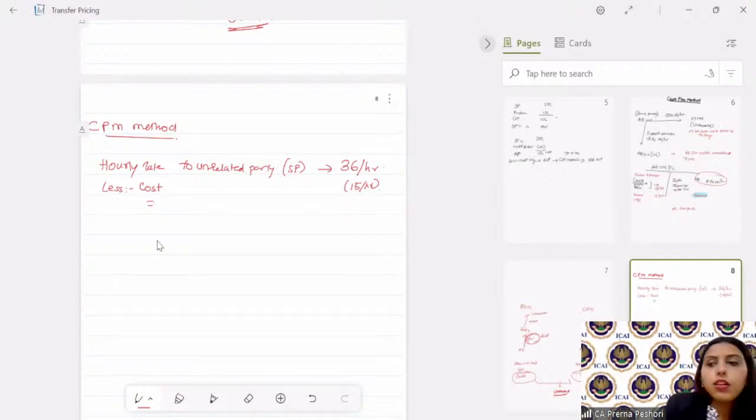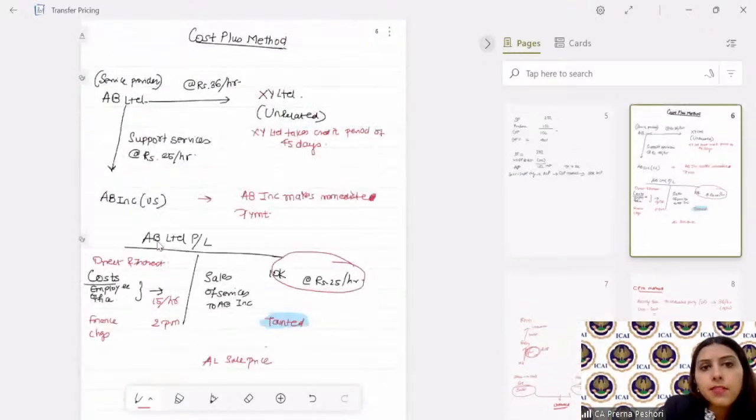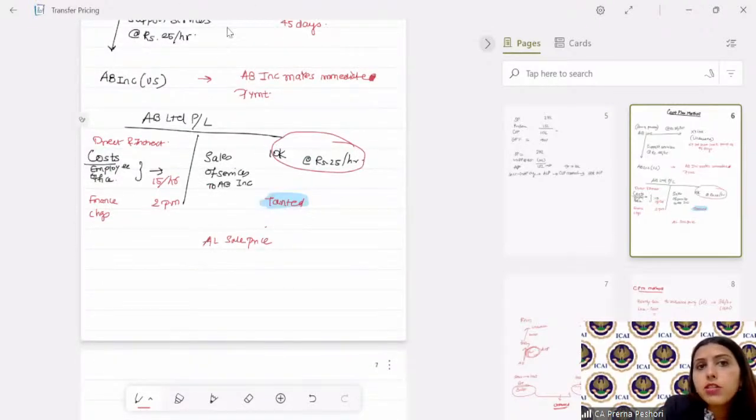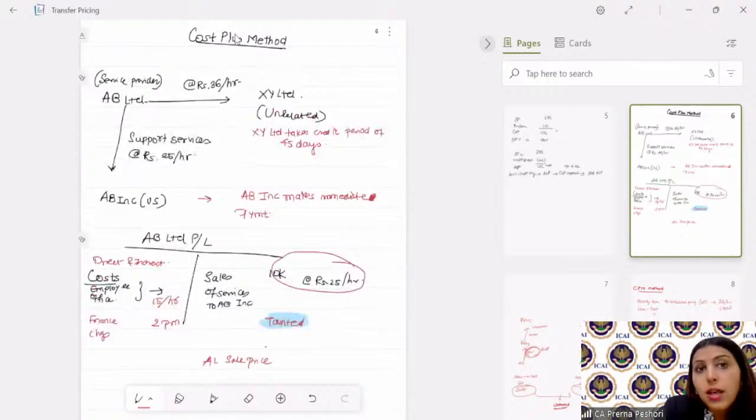Now, what it was said is that AB INC is making the immediate payment, while XY Limited is taking 45 days, which is 1.5 months for making the payment, and finance charges are 2 per month. AB INC does not have to pay any finance charges, but XY Limited has a 45 days credit period.